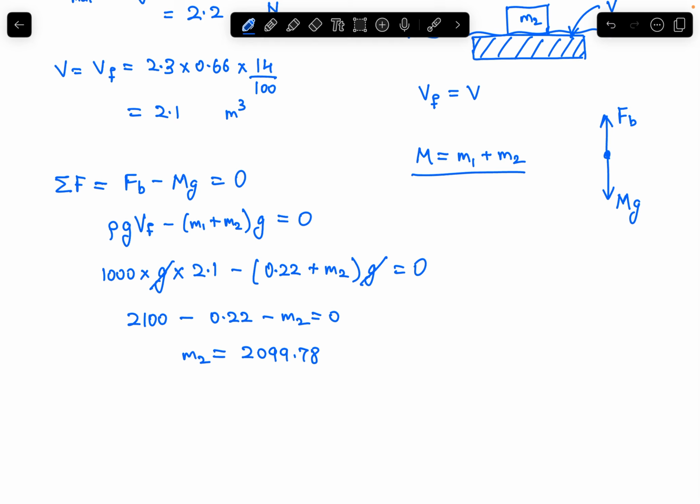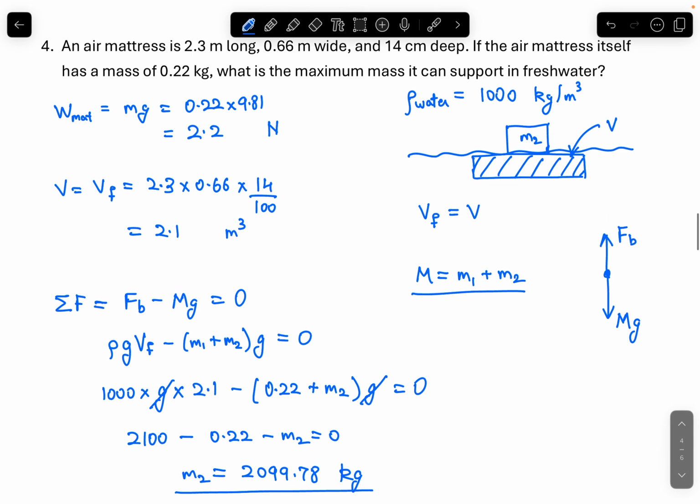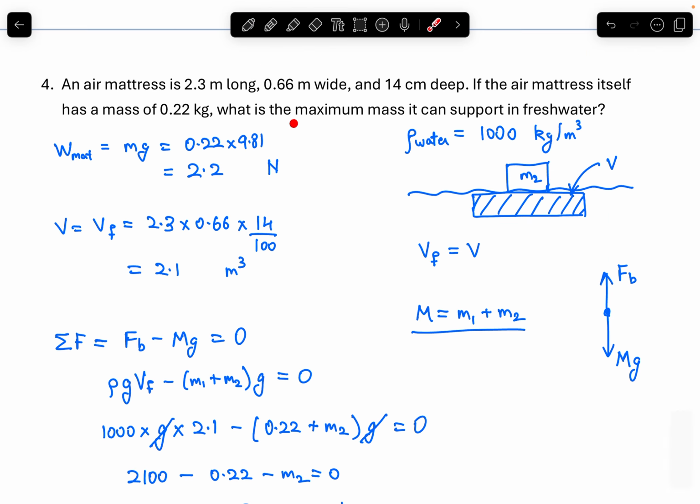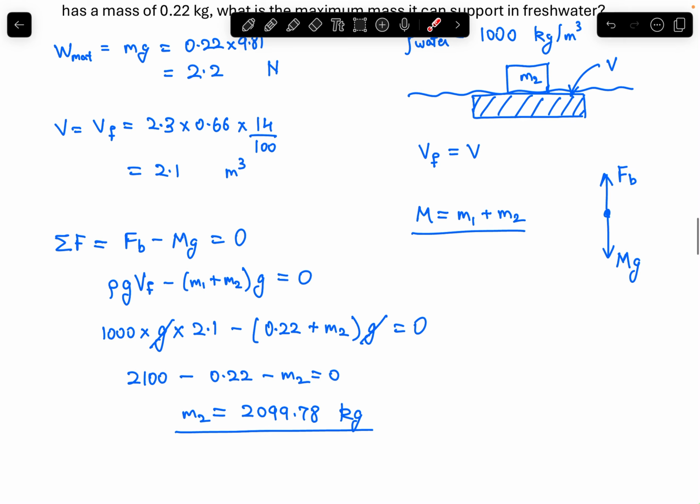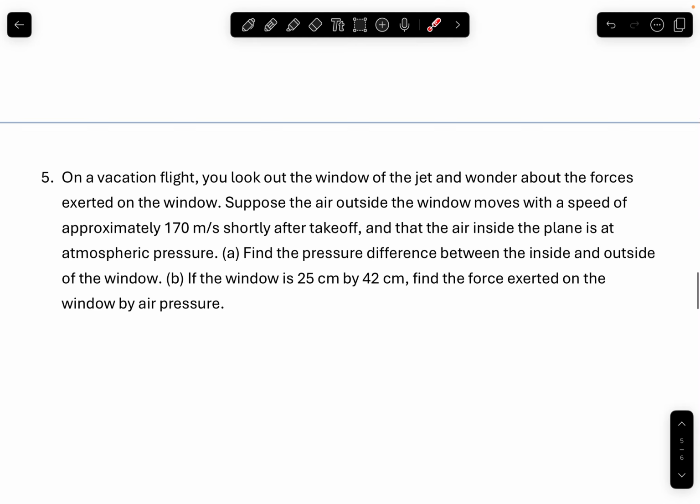There are only two significant figures here, but for now I think I'll just leave this as it is. So the question was, what is the maximum mass it can support in fresh water? This particular air mattress can support almost 2100 kg of weight. Right, moving on to the next question.